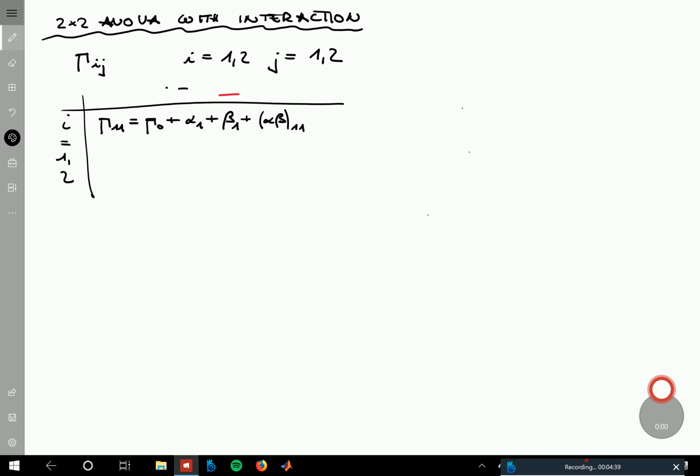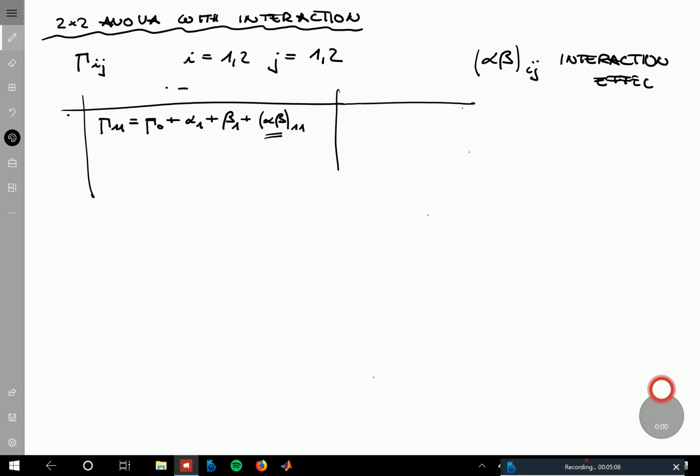So I need a bigger table, so I'm creating more space. Essentially this is the new term here: alpha beta 11, or in general alpha beta ij, that's the interaction effect. This is not something about multiplying alpha or beta.